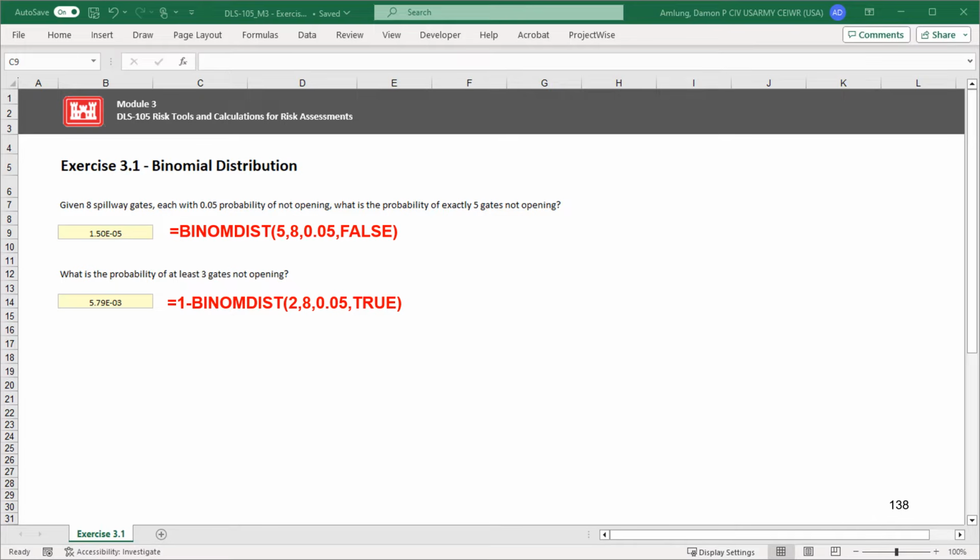So, we have 1 minus our binomial distribution function with k equals 2, n is still equal to 8, and p is still equal to 0.05. This time, we want to choose true, so the formula will return a cumulative probability, the probability of 2 or less not opening. From this equation, we get the answer to be 5.79 times 10 to the minus 3.